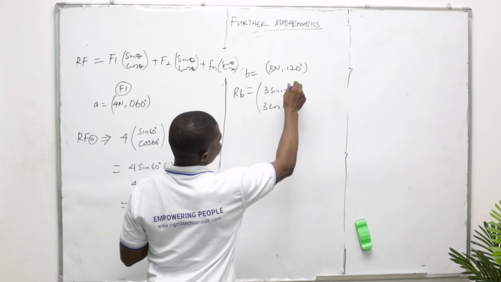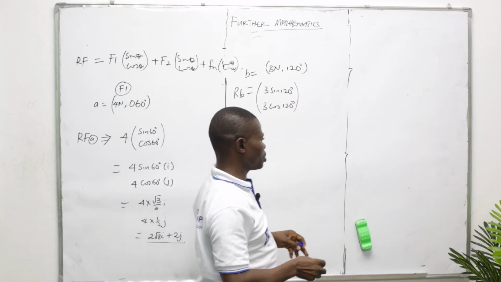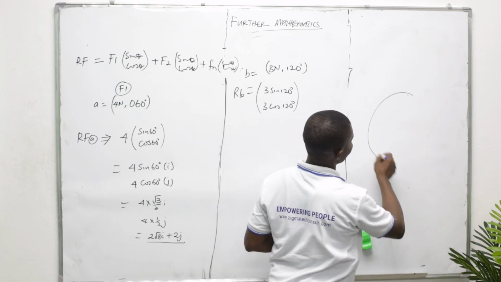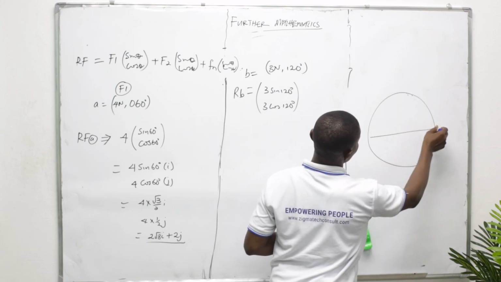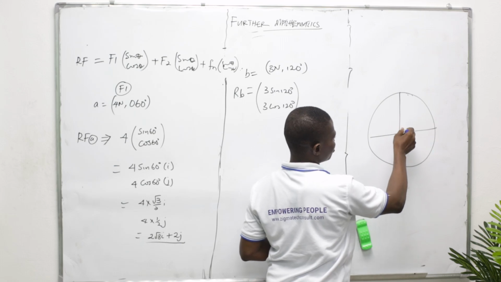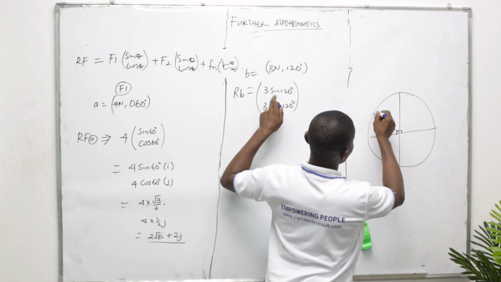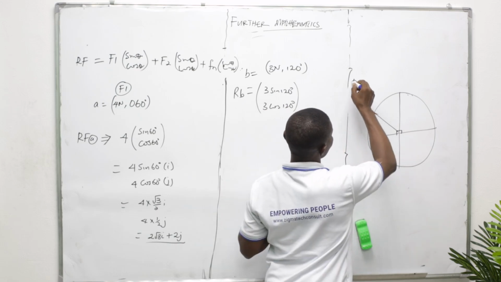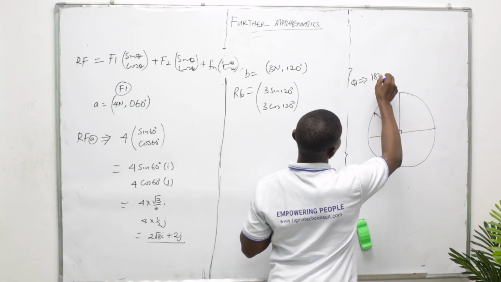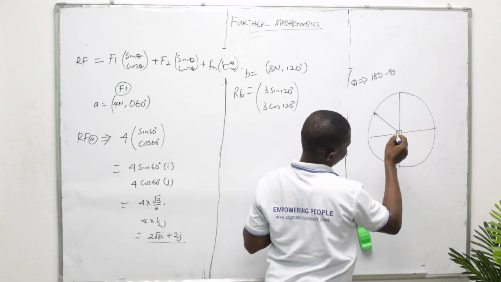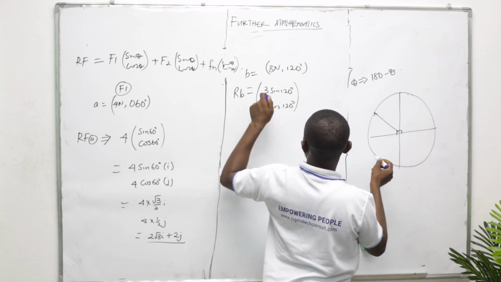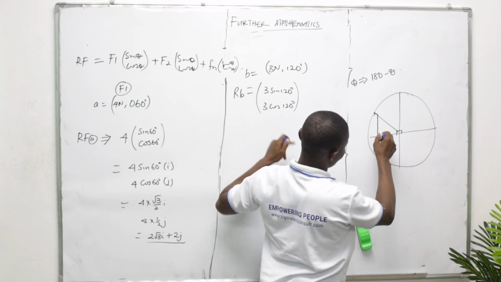Okay, by CAST rule, if you remember your quadrants, first quadrant, second quadrant, 120 falls here in the second quadrant, meaning theta implies 180 minus theta. So, sine theta is positive.